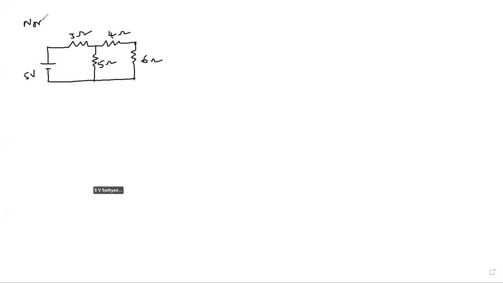Note down. By using Norton's theorem, for the circuit shown in the below figure, find the amount of current which is passing through the 6 ohms resistance, by using Norton's theorem.